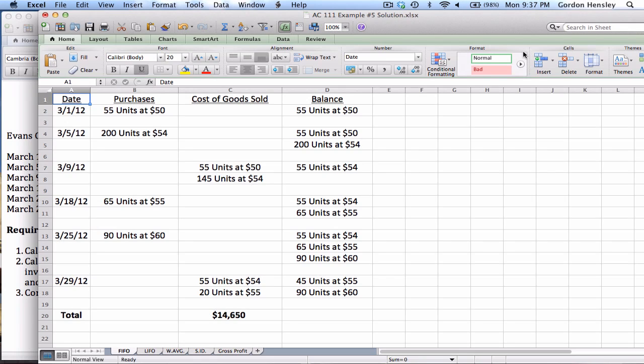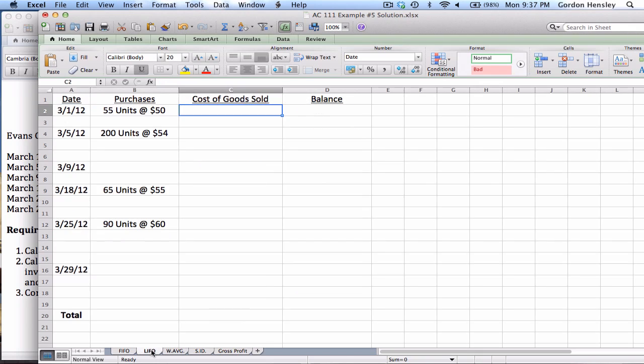So once we've completed FIFO, they wanted us to also, under part 1, complete this according to the LIFO method. So I'm going to do that next. Now when I switch over here to the LIFO method, this is a different method. This is last in, first out. So when I start peeling off the layers, I'm going to do that in a slightly different way.